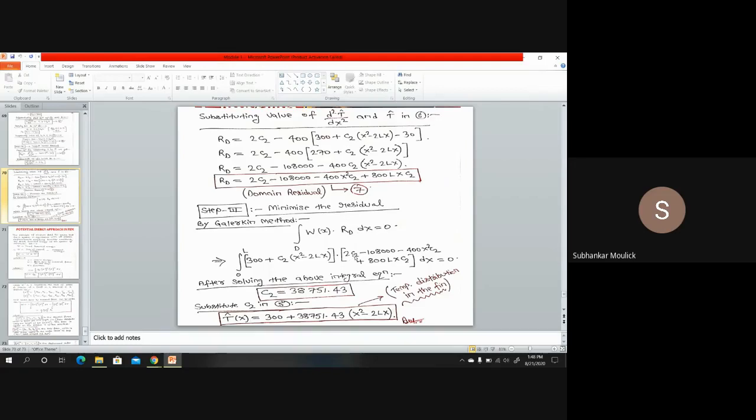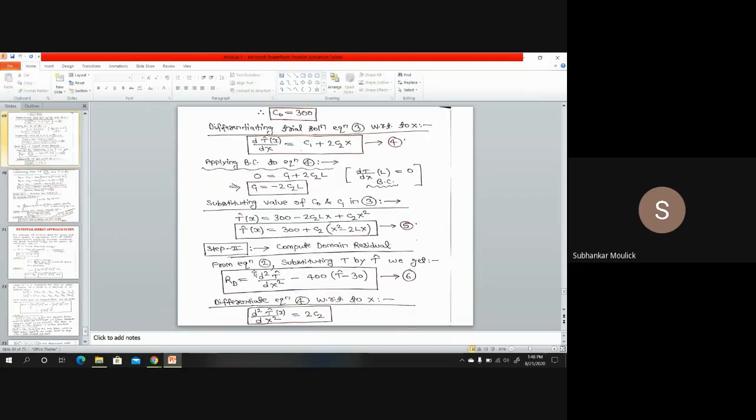In order to substitute this domain residual in the Galerkin method, first I will remove this differential term, d2 T cap over dx2. For that I have to differentiate equation number 4. If you differentiate it, d2 T cap over dx2 will be equal to, this is constant, so 0, plus 2 times C2 into d/dx of x, that is 1. So ultimately your d2 T cap over dx2 becomes 2C2.